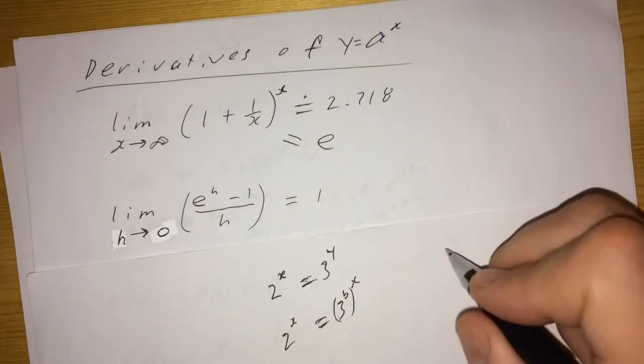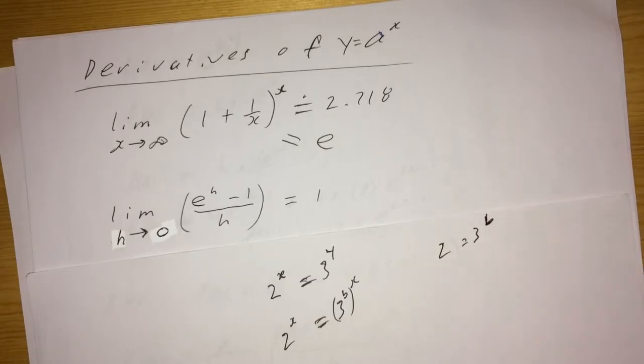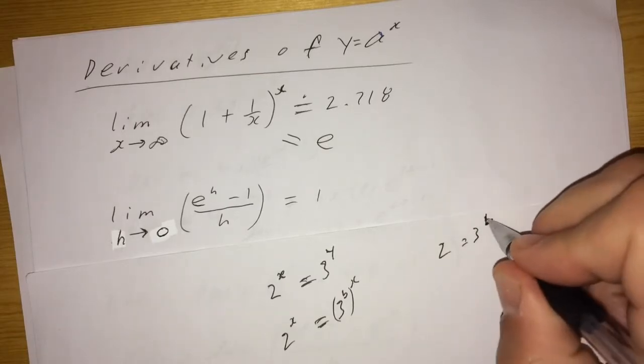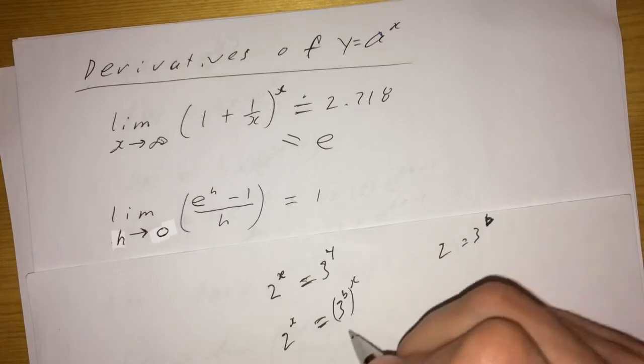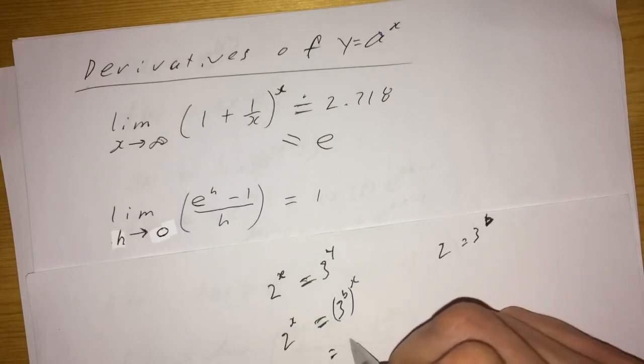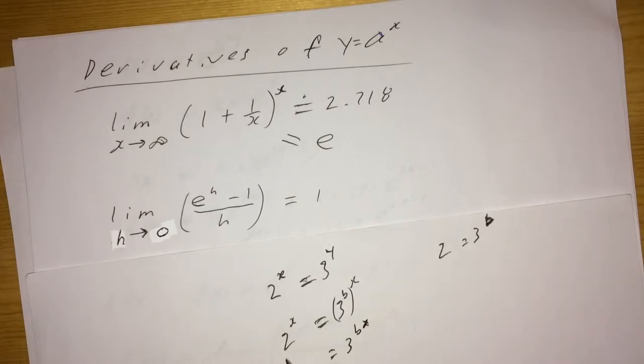And if 2 equals 3 to the b, then 2 to the x equals (3 to the b) to the x, which equals 3 to the bx. So you could change from a base of 2 to a base of 3 as long as you have some number in front of x that makes 3 to that exponent equal to 2.